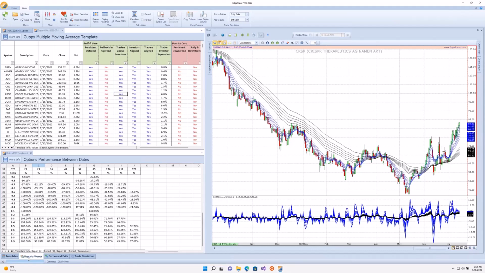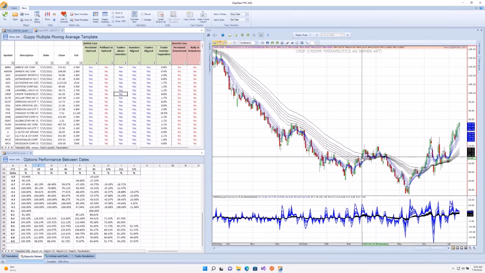For instance, the COVID crash and the rebound, and now the current bear market. But I actually quite like the chart on here, because once the stock clears these lines, the bars are actually above, and it becomes quite clear.